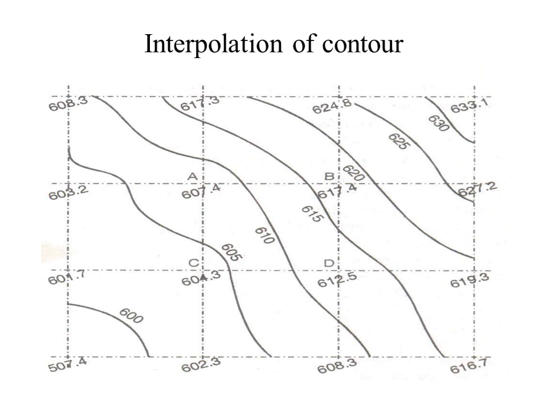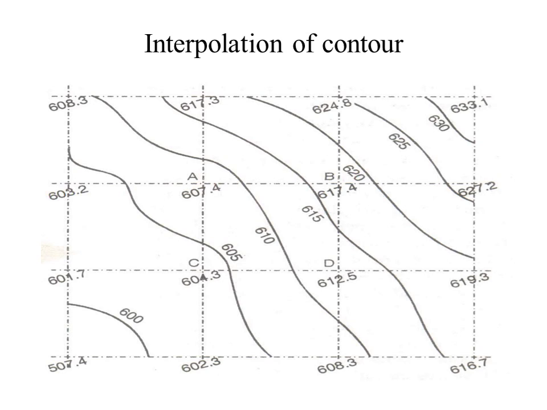This slide represents the field data of indirect contouring, wherein the given area is divided into rectangles and RLs of corner points are calculated and written at the corner points. Then by considering the plotted values like 608.3 and 617.3, if we consider the contour interval of say 2 meter, then we can plot the contours of 610, 612, 14, 16 likewise.